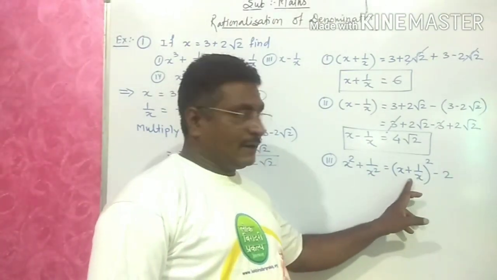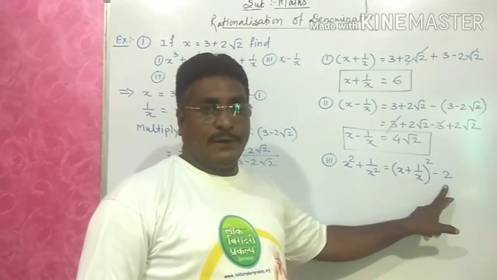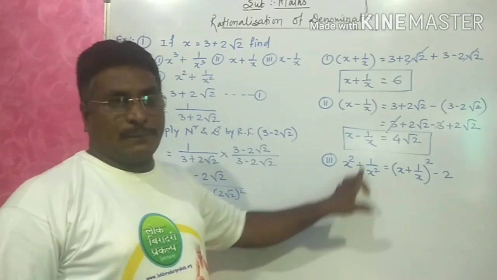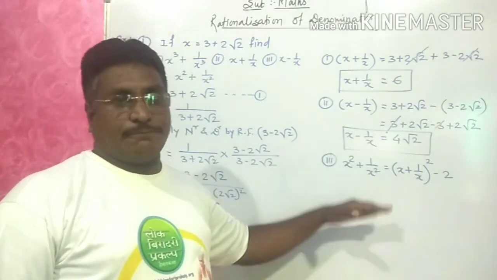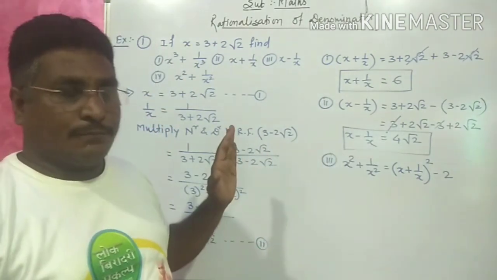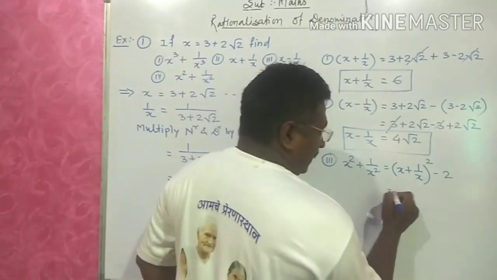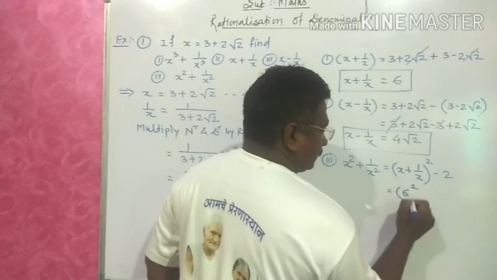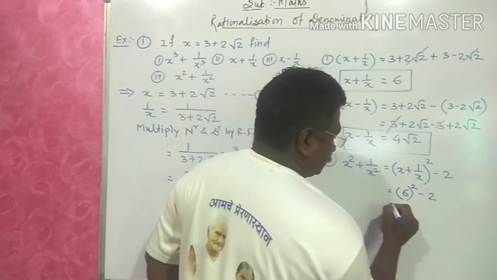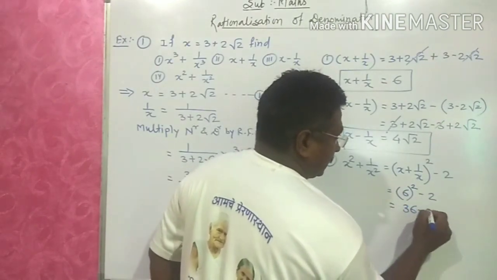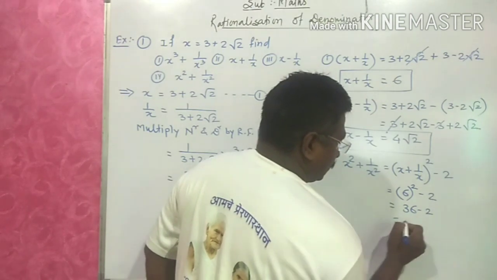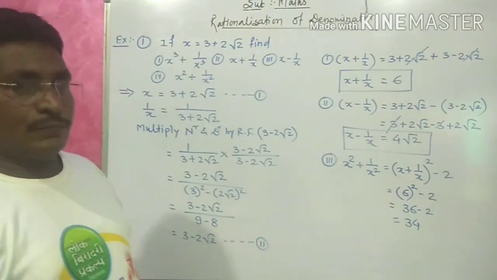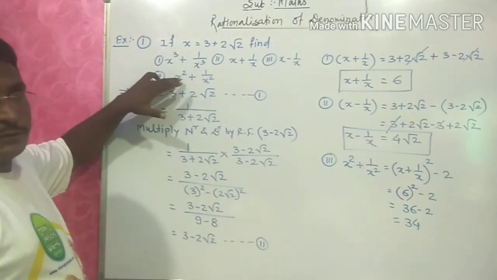If in the bracket minus sign, outside plus sign. Out of the two, anyone you can use. Check the identity I just gave. So what is the value of x plus 1 by x? 6 square minus 2. So 36 minus 2 is 34. So this answer also we got.